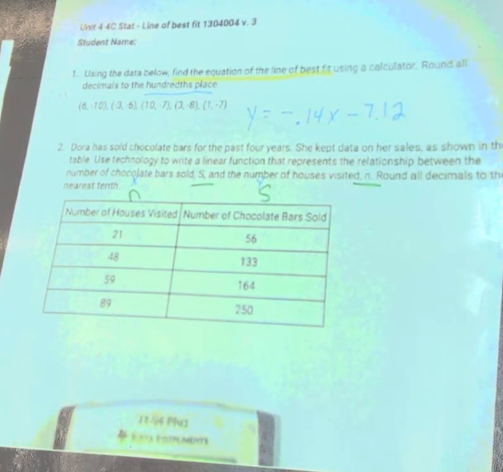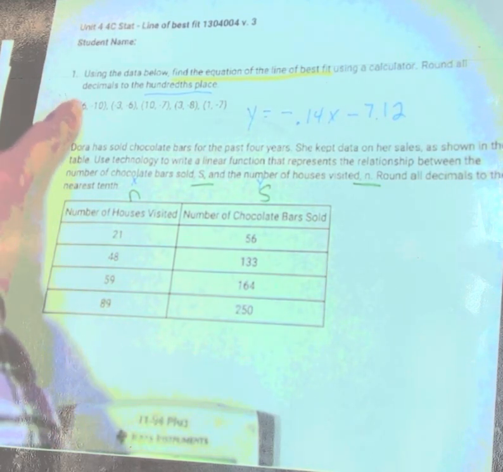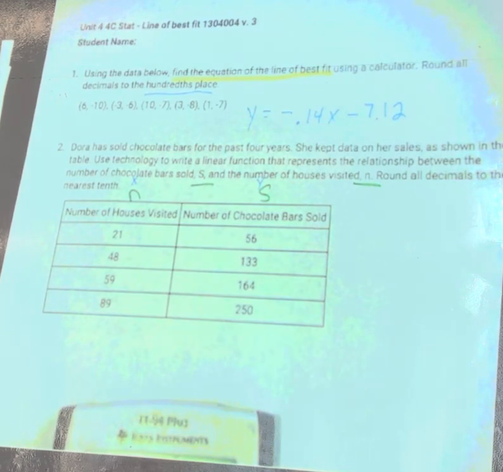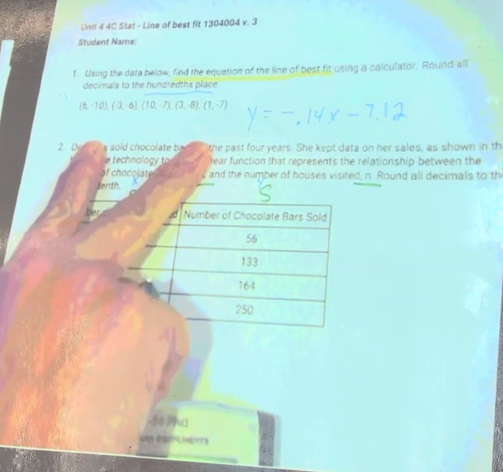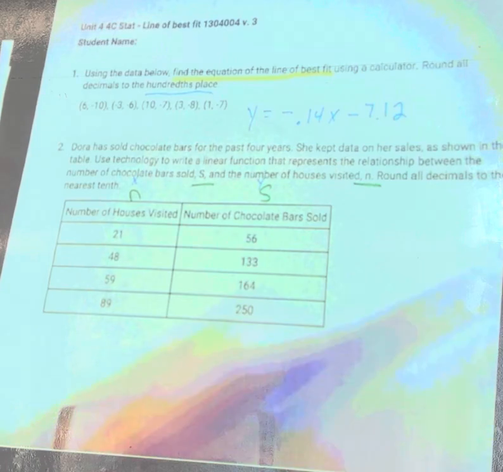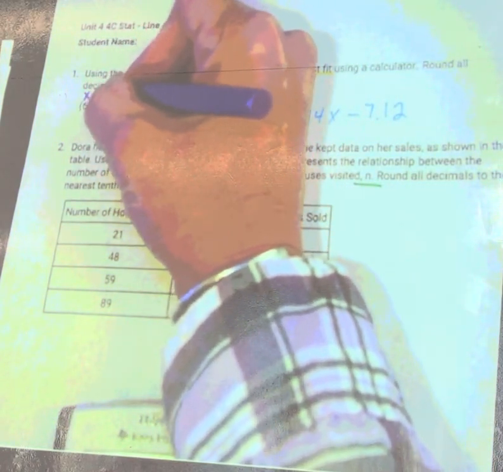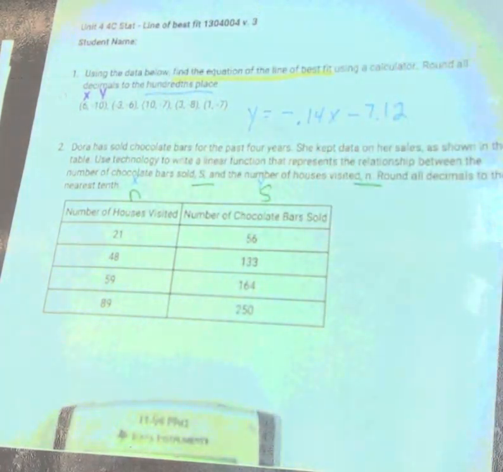So stat edit, make sure you have your data in there. And again, on number 1, as I mentioned before we started recording, make sure to write that in a table, because this is your X and Y. Okay, so I'm going to go to stat calculate number 4, and change where my data's at, so I don't have to retype all day.